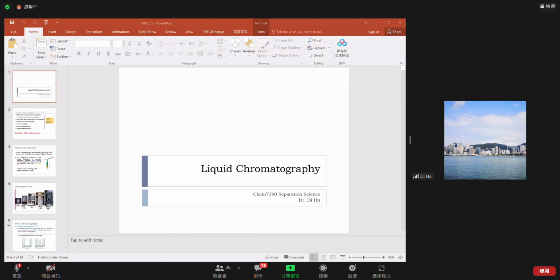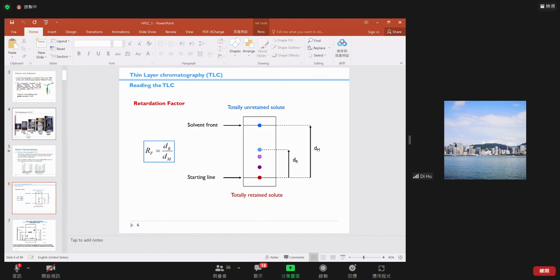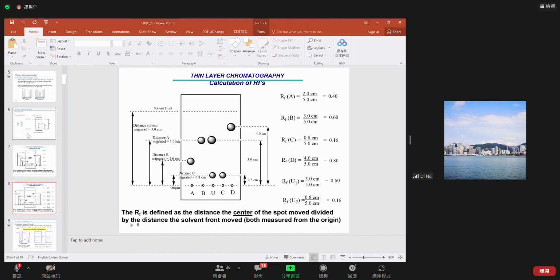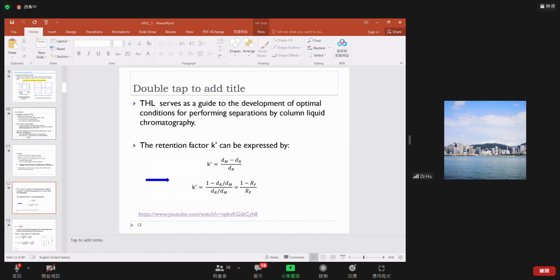For HPLC, we talked about thin layer chromatography at the very beginning, right? I hope you understand the meaning of thin layer chromatography, why we can use it, and that it gives us some screening and a preliminary idea about retention and the separation conditions in column chromatography.